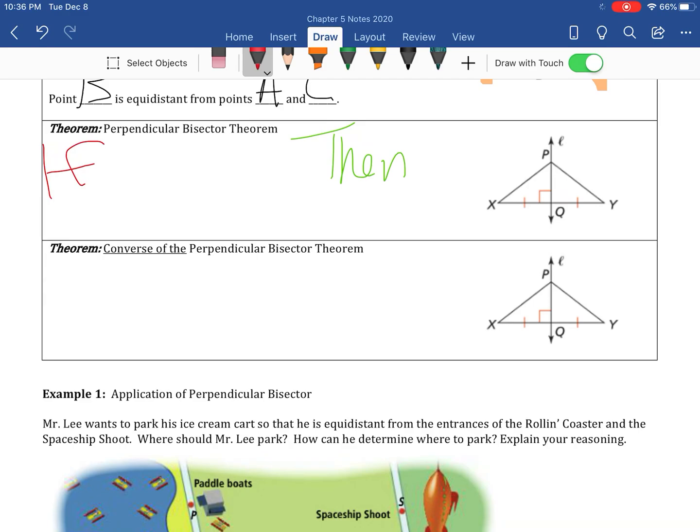So if I have, and again, here is the if, PQ is perpendicular to XY. That's the first thing. If we have two segments that are perpendicular, in this case PQ is perpendicular, remember, that's just an upside down T, to XY, and Q is the midpoint, so XQ is congruent to QY, then we can conclude something's true.